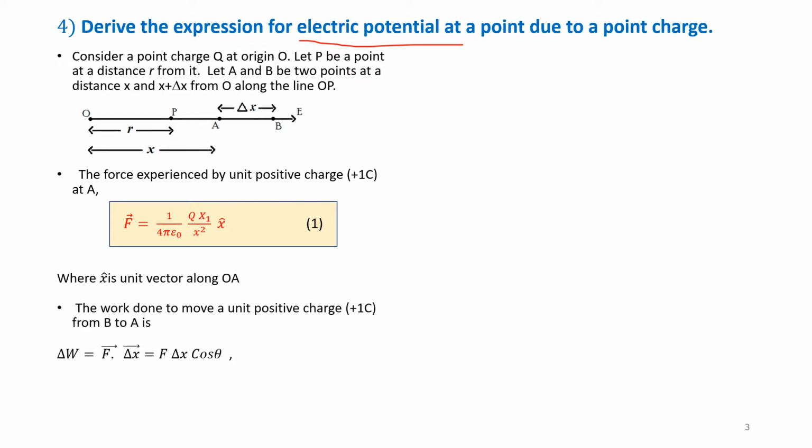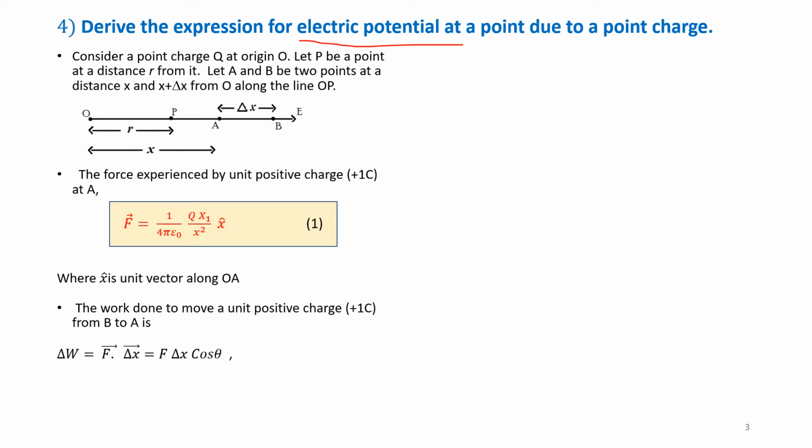The work done to move a unit positive charge from B to A, delta W equals F into delta x, both are vectors, is equal to F delta x cos theta.